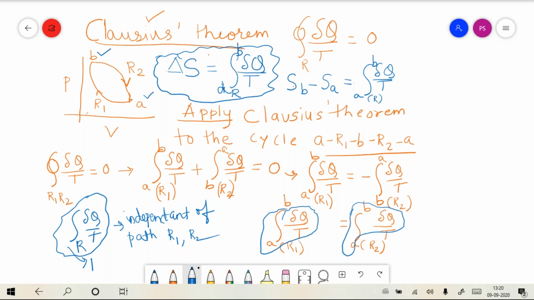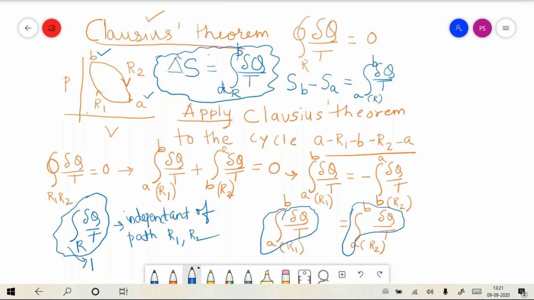Now, what is the next step in the proof? I apply the Clausius theorem to the reversible cycle A R1 B R2 A. It means that the cyclic integral of del q by T for the cycle A R1 B R2 A is equal to 0.